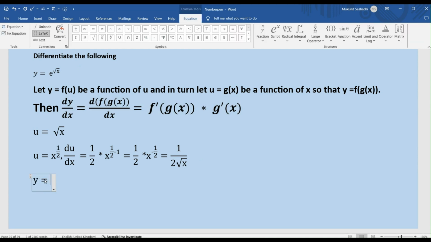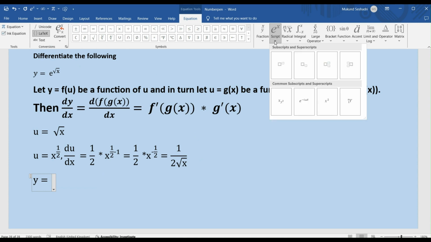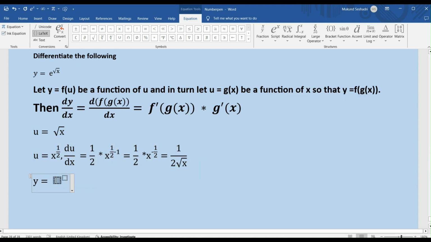So my y equals e to the power u. Why is that? Because we have done the substitution of u equals root x. Now I know what my dy by du is, and it is very simple.